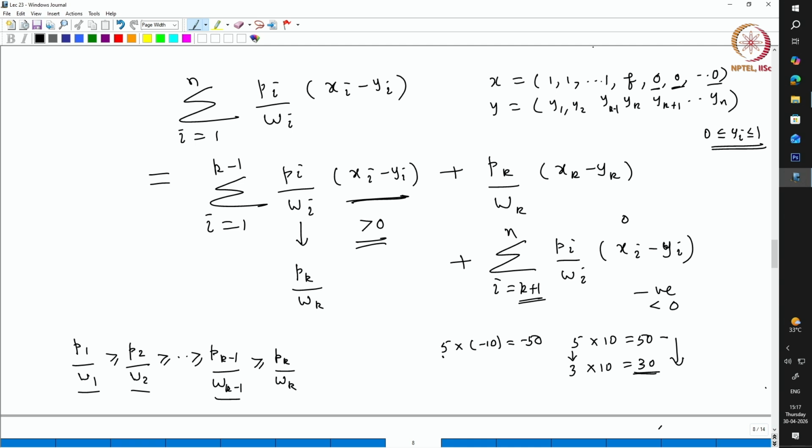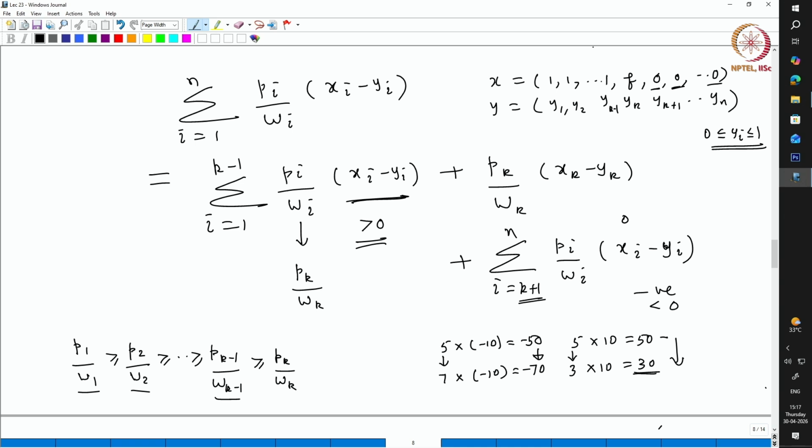Now this 5 must be increased to 7, 7 times minus 10 will be minus 70, only then the value will become smaller. So you have to increase Pi by Wi, not reduce it, to make this term smaller.